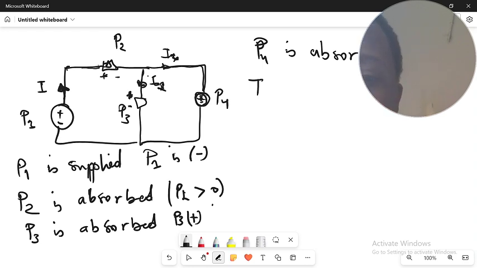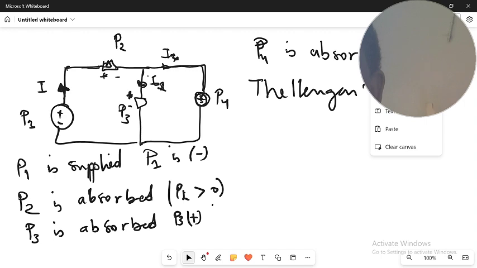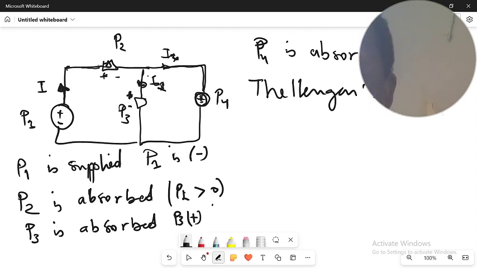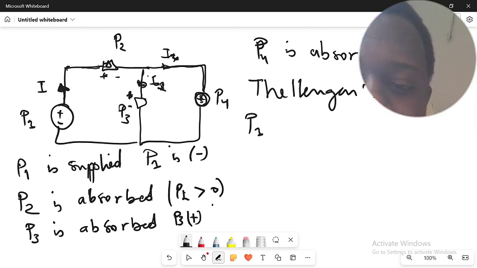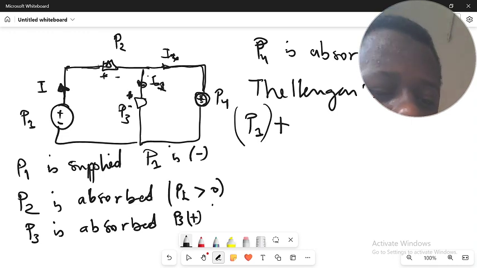Using Tellegen's theorem, we see the summation of the power supplied. How many powers do I have in the supply? I have only P1. P1 is the power that is going to be supplied, plus the power absorbed.